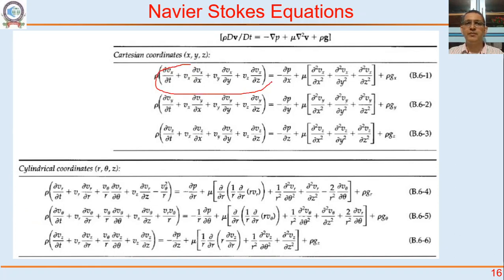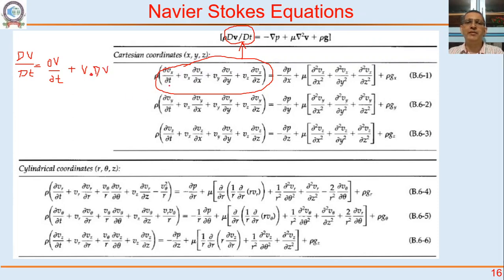Rather than writing it in the short form, capital DV by Dt is the same as del V by del t plus V dot del V.